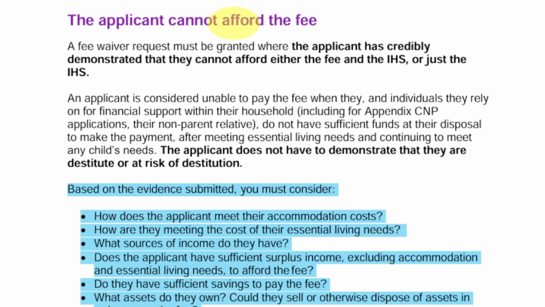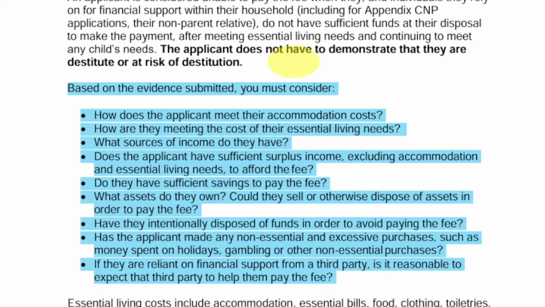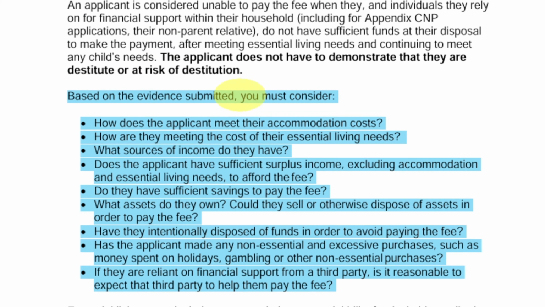Now, the applicant cannot afford the fee. So now let's discuss, based on the evidence submitted, what the Home Office is saying to their caseworker. Based on the evidence submitted, you must consider: how does the applicant meet their accommodation cost? How are they meeting the cost of their essential living needs? What sources of income do they have?